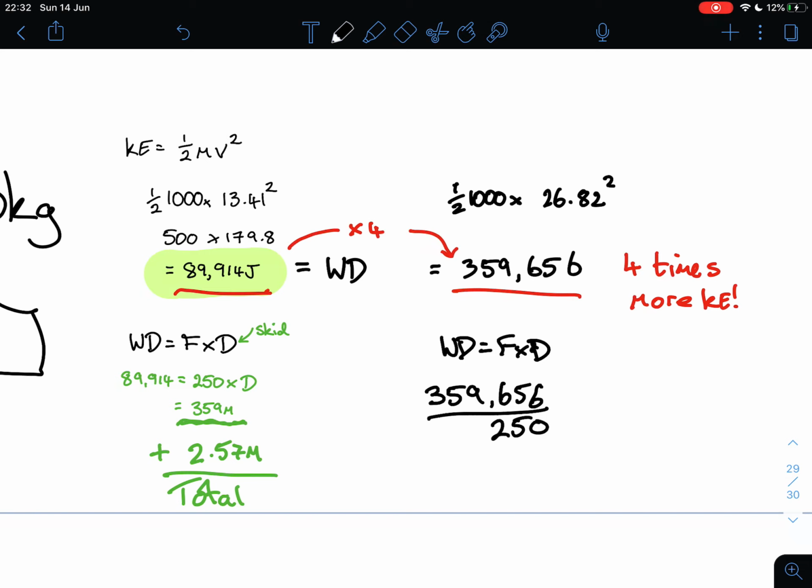So divided by 250, 1 kilometre, 438, let's call it 39 metres. Again, from there to there, you've gone 4 times further. So this is why people wrap their cars around lampposts before the age of 21 usually.